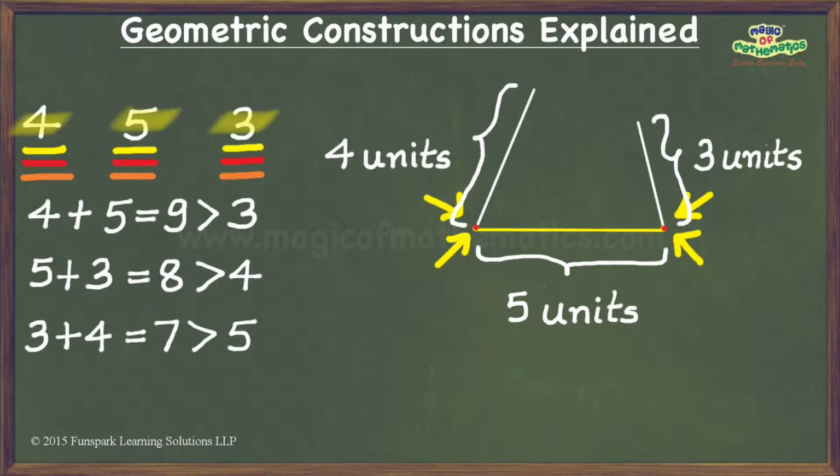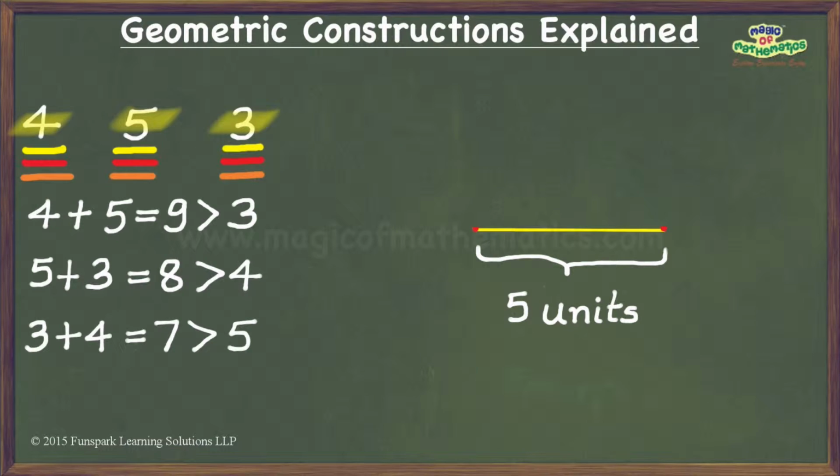For identifying the third vertex, we basically need to find a point which is at a distance of 4 units from one of our two known vertices and 3 units from the other vertex. If we can find such a point, we would have identified our third vertex. Let us now attempt to discover such a point.